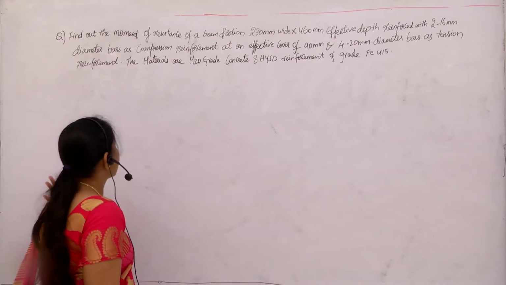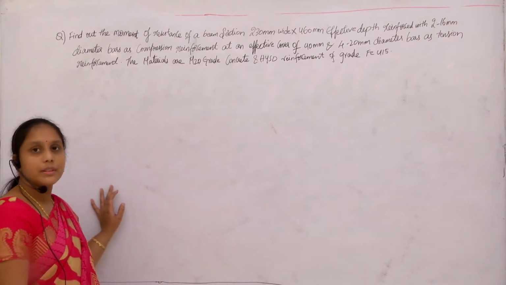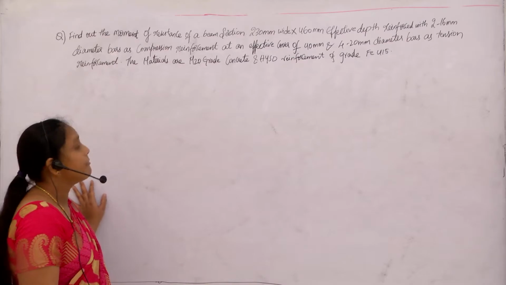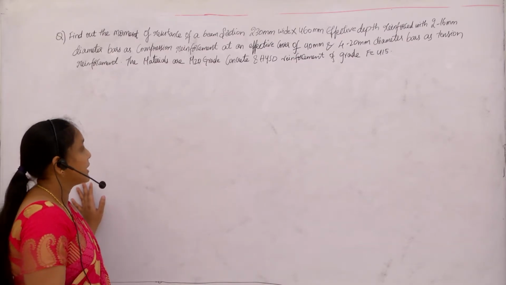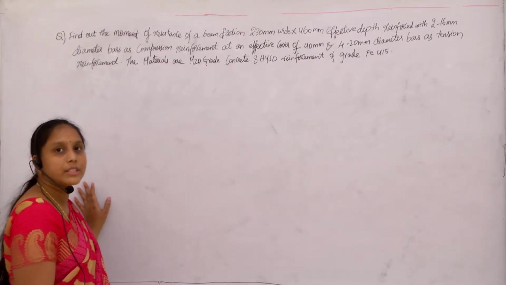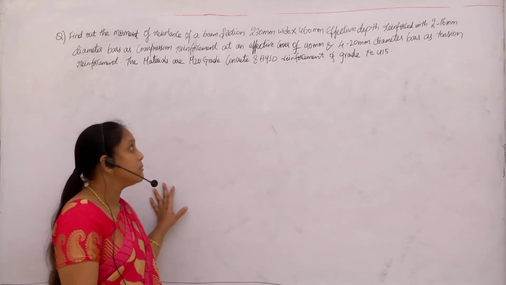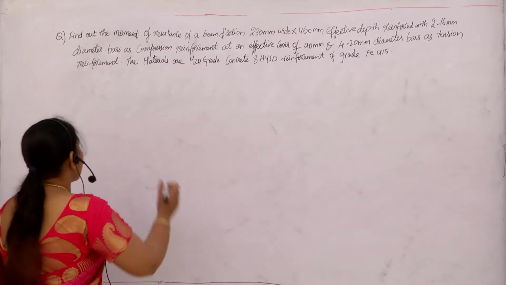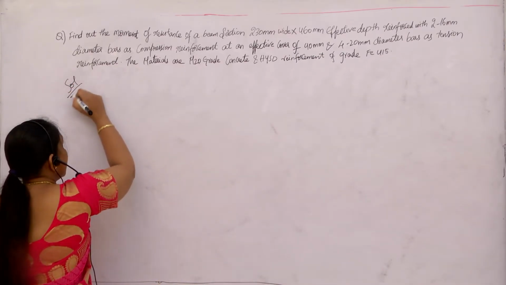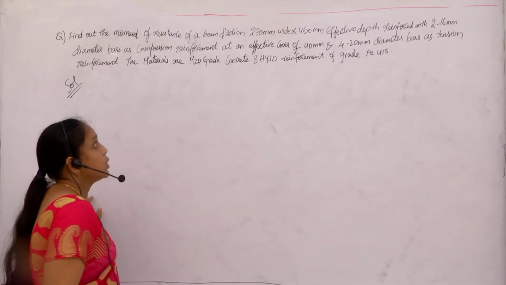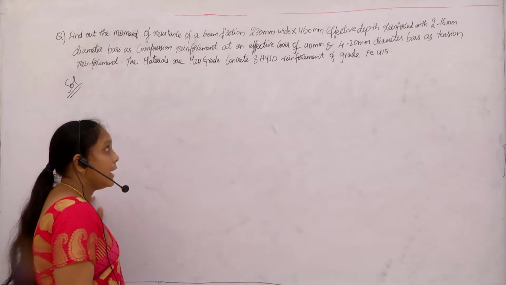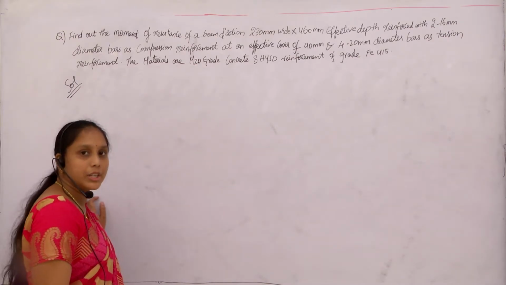So here you can see the question. What is given in the question is asking to find out the moment of resistance, that is, he is asking to find out the Mu of a beam section. So the beam section is given here. What is the given data here? It is a beam section 230 mm wide and 460 mm effective depth.